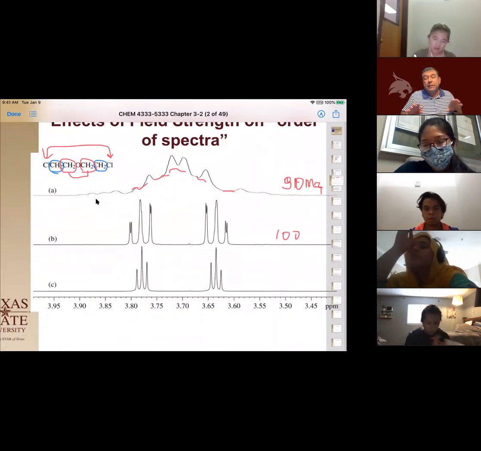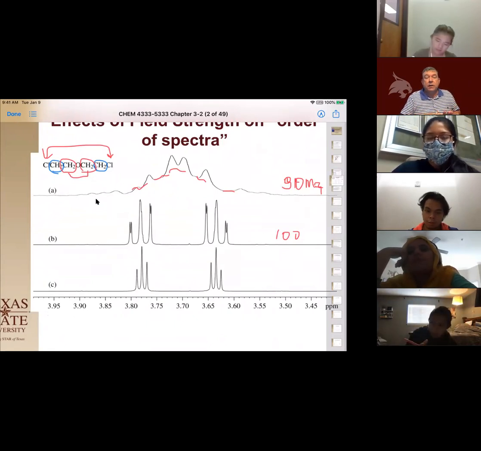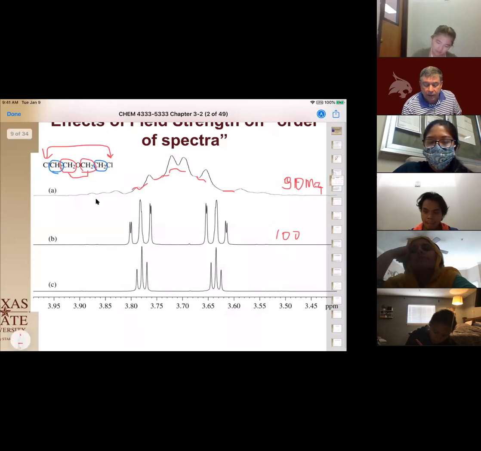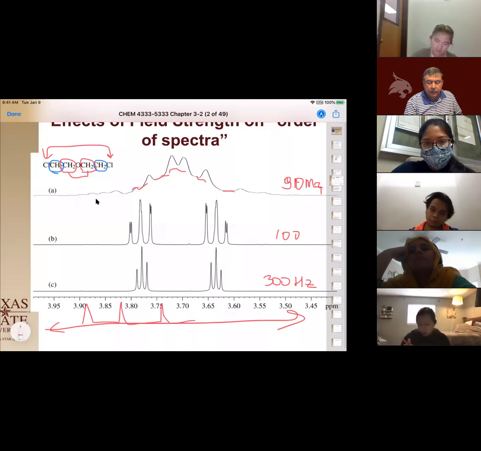But what we're probably seeing is that it's not exactly the pattern we were expecting. We were expecting 2 triplets, because we have 1 shifted upfield and 1 shifted downfield, each with 2 non-equivalent hydrogens on an adjacent carbon. Now, if we go up to a 300 megahertz NMR, we're spreading that signal out over a greater distance, so we have more room for the peaks to come all the way back down to 0.